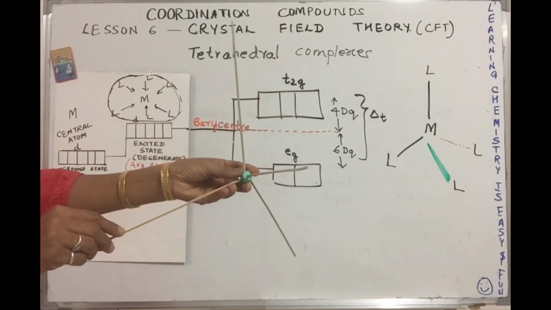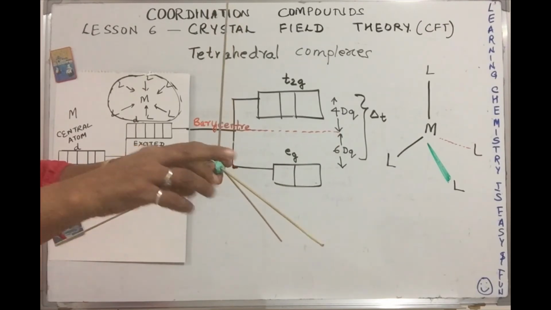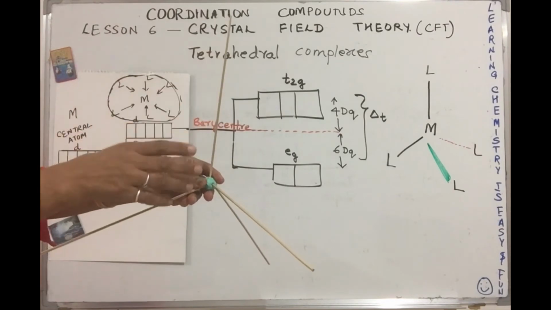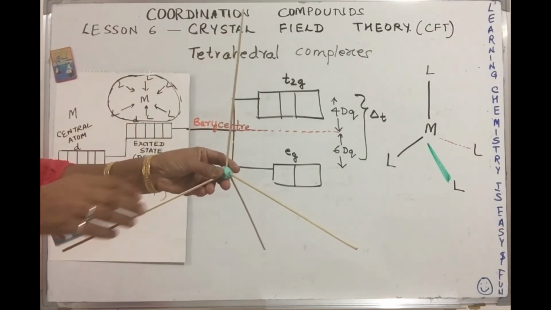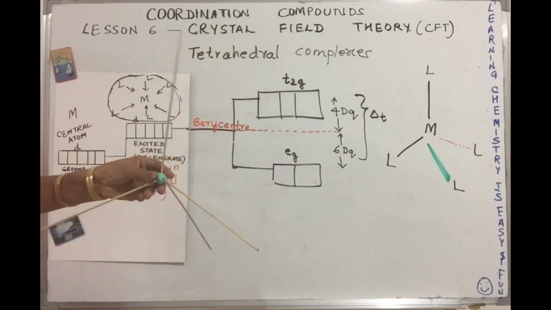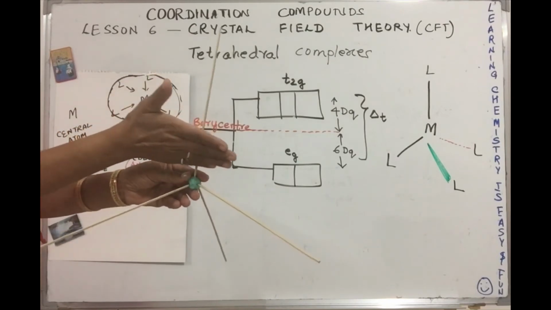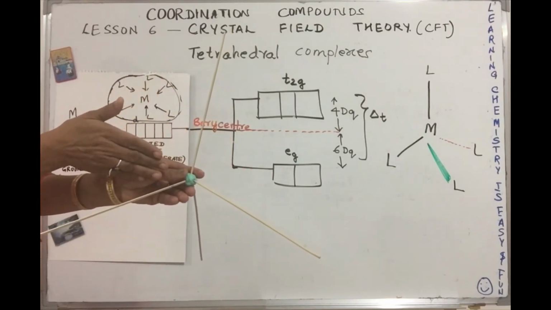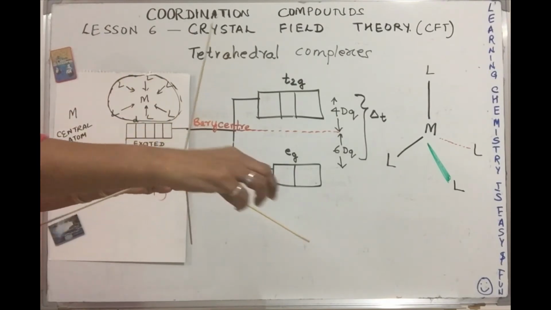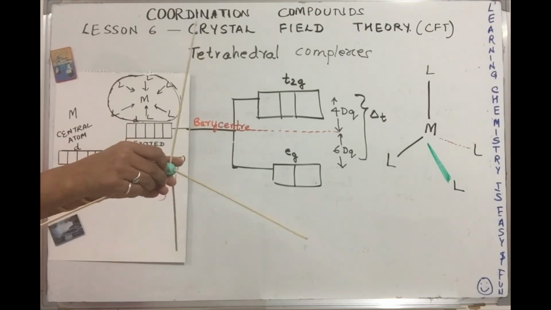Now, in this case, the ligands will approach this particular complex from a direction which is along, or rather in between, the two axes. My axes were like this, correct? 1, 2 and 3. But how are my ligands approaching? In between the axes.